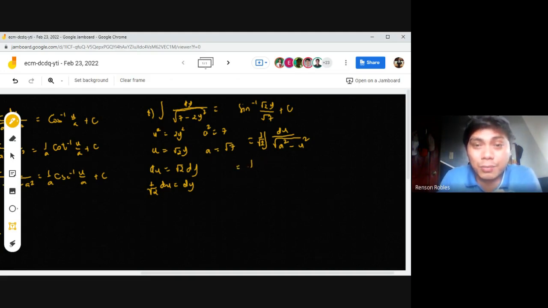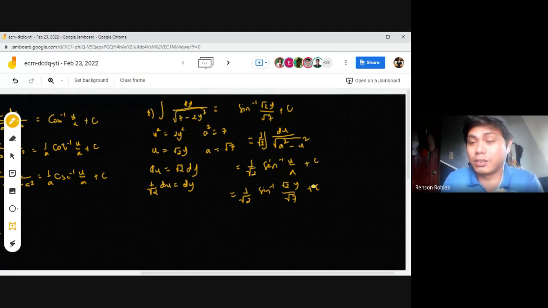Integrating, you have 1 over square root of 2 arc sign u over a plus c. And then you write it back to the original variable. 1 over square root of 2 arc sign u, that's square root of 2 y over square root of 7, okay, plus c.